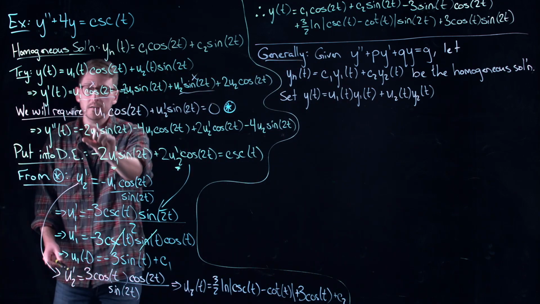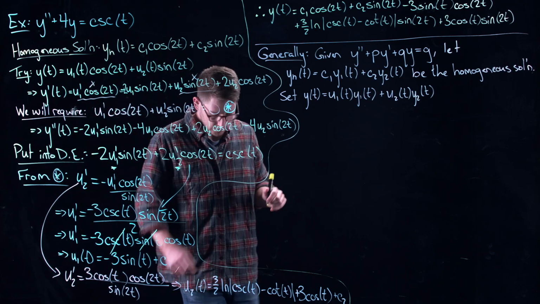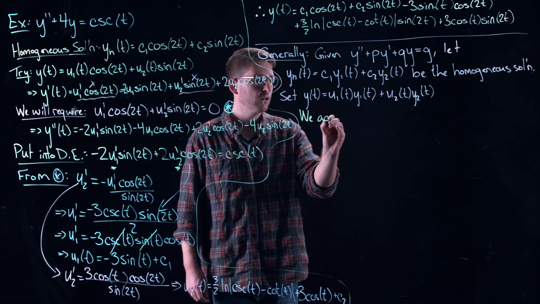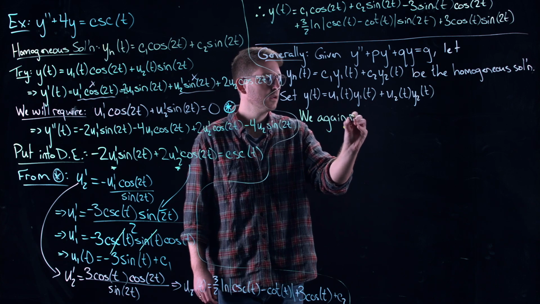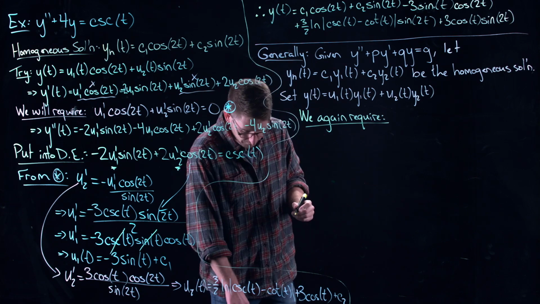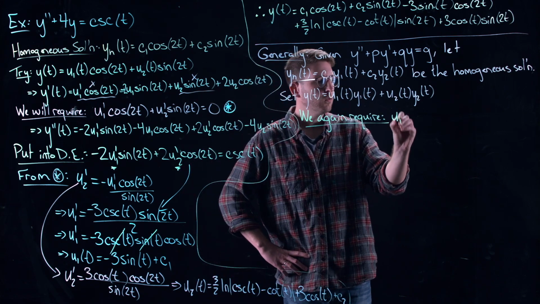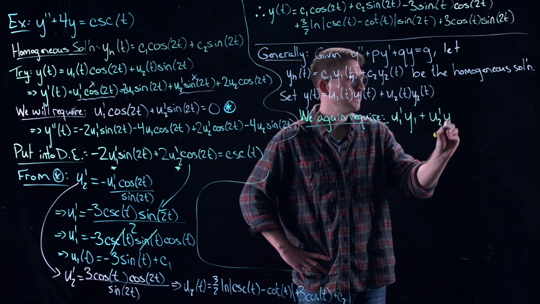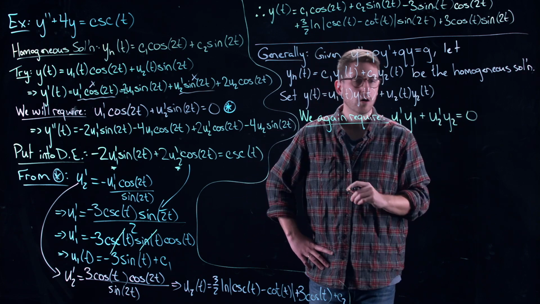You have exactly this condition again. So again, we require, well, what do we require? We require that derivative condition. So u1 prime y1 plus u2 prime y2 is equal to 0.